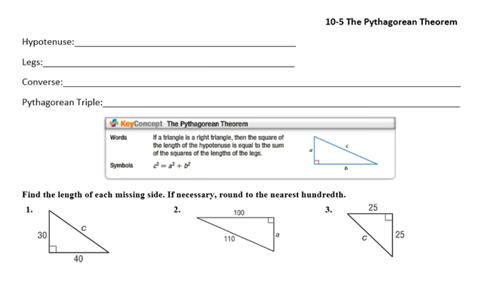So today we're talking about the Pythagorean theorem, and this deals with only right triangles. In our right triangles, we have two different parts. We have the hypotenuse, which is the longest side, and it's always across from the right angle.